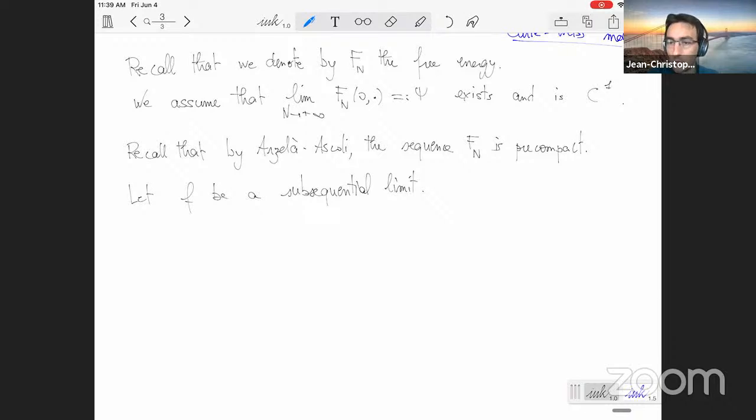I'm just going to write n going to infinity, but implicitly we understand that it's along the subsequence. So I'm going to apply this corollary we just saw. I'm going to only think about checking the equation at points at which this function is touched from above by a smooth function.